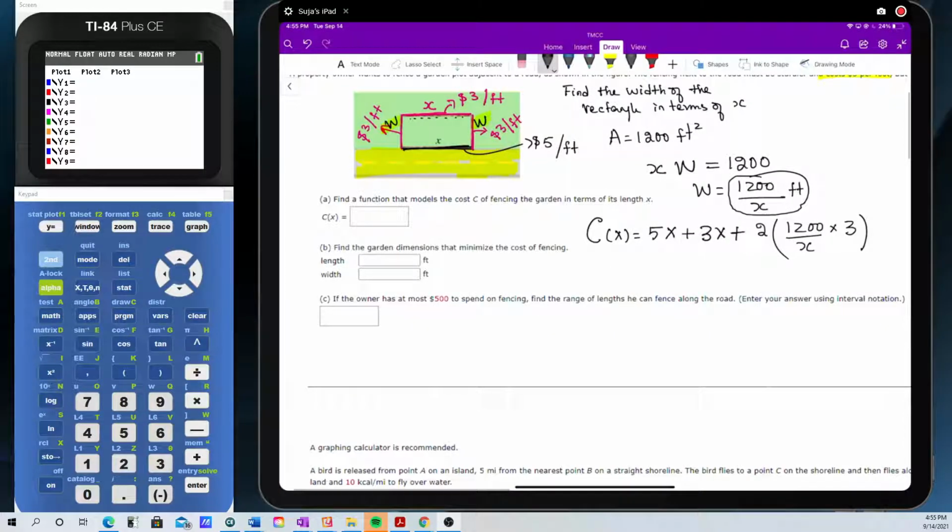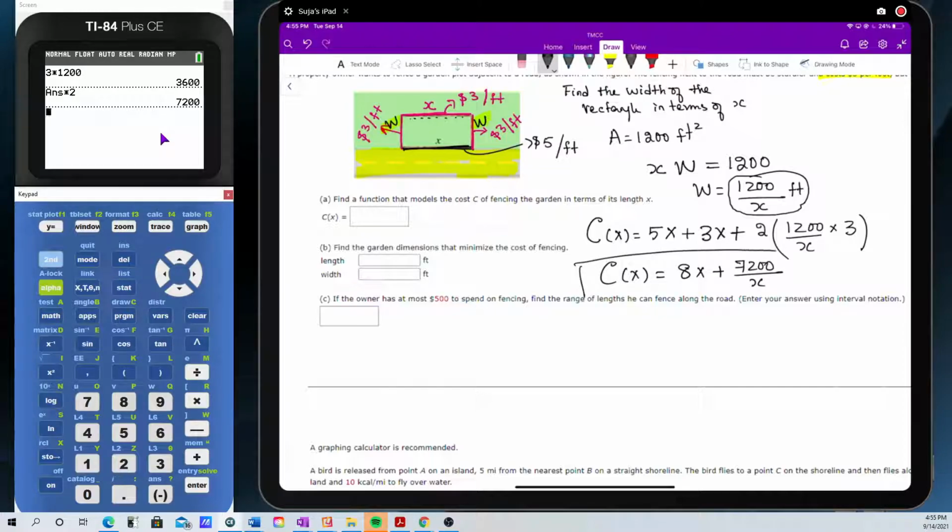Okay, so the cost is C of x equals 5 plus 3 is 8x plus, we multiply the numerator, 3 times 1,200 is 3,600, that times 2 would be 7,200. So it's 7,200 divided by x.